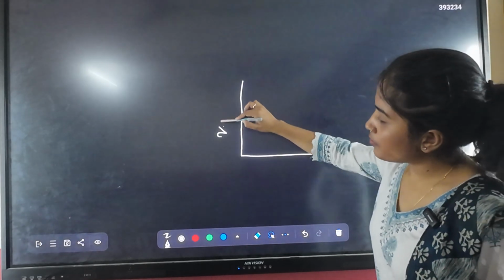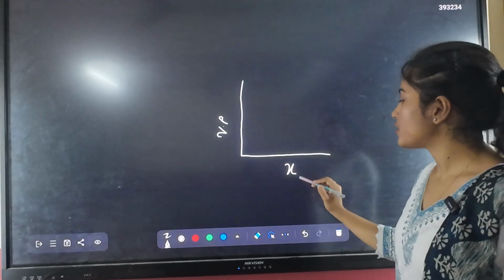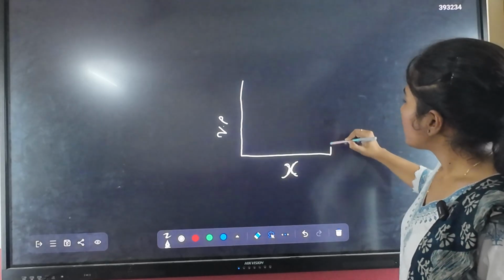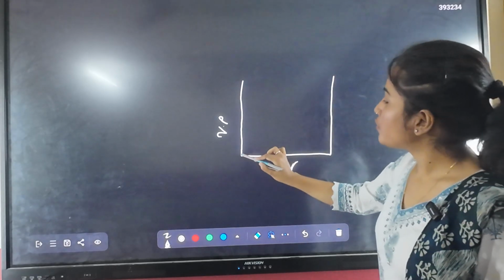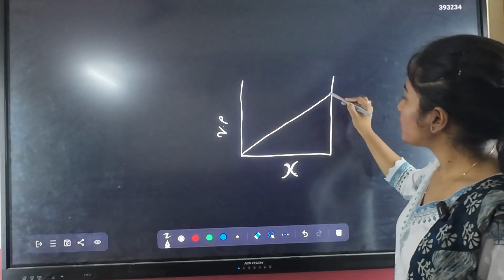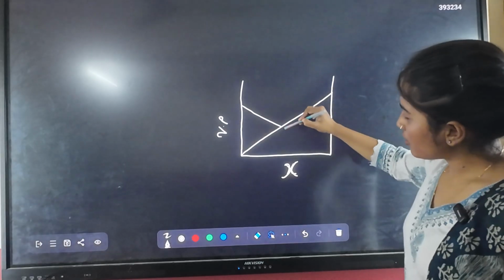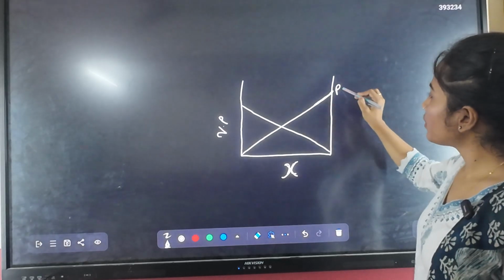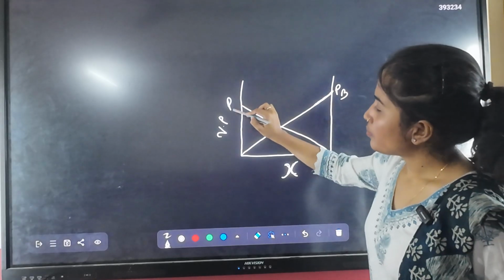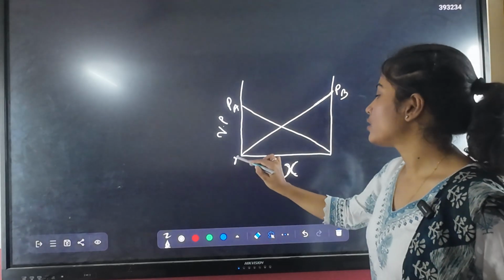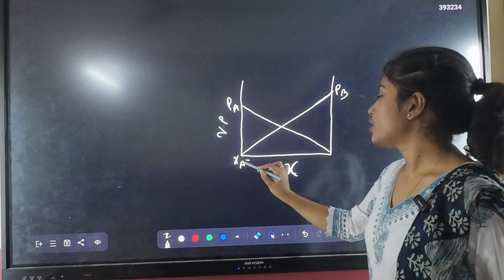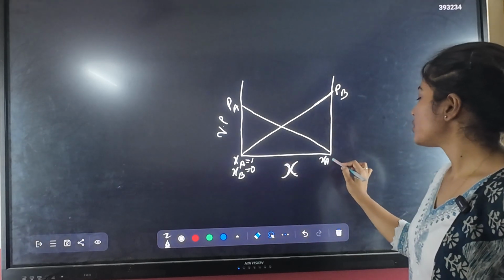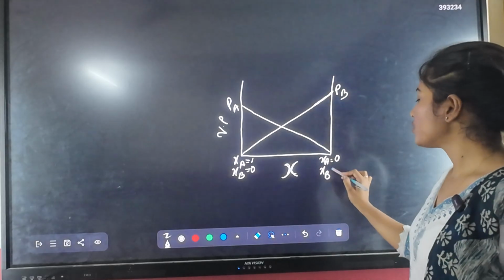Here I have taken vapor pressure and on this side mole fraction. So I will join these two graphs. For Raoult's law it will be like this. This is my Raoult's law graph. Here it will be for PB, this side PA, and here XA equals 1, here XB equals 0, this side XA equals 0 and XB equals 1.